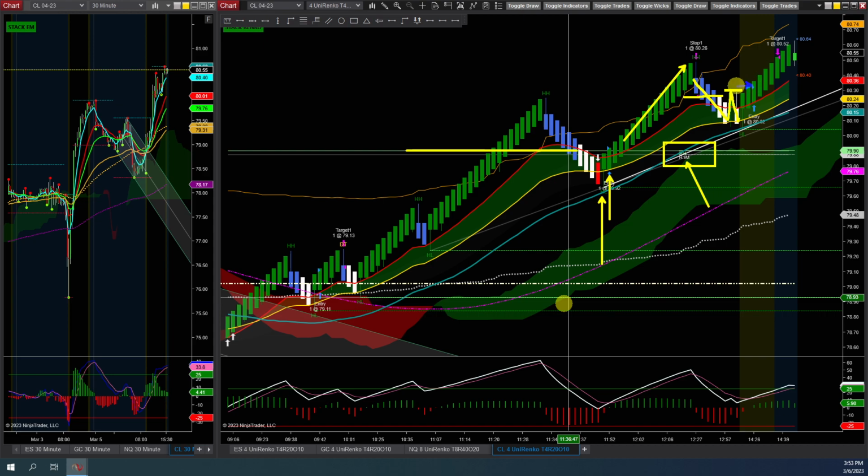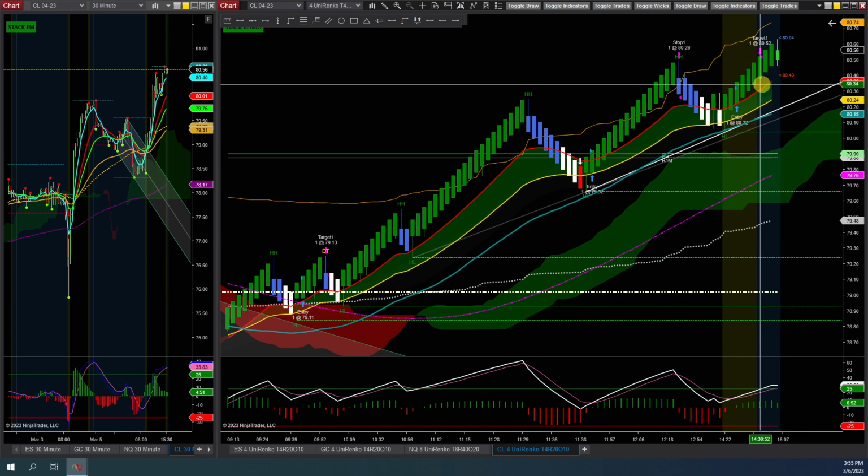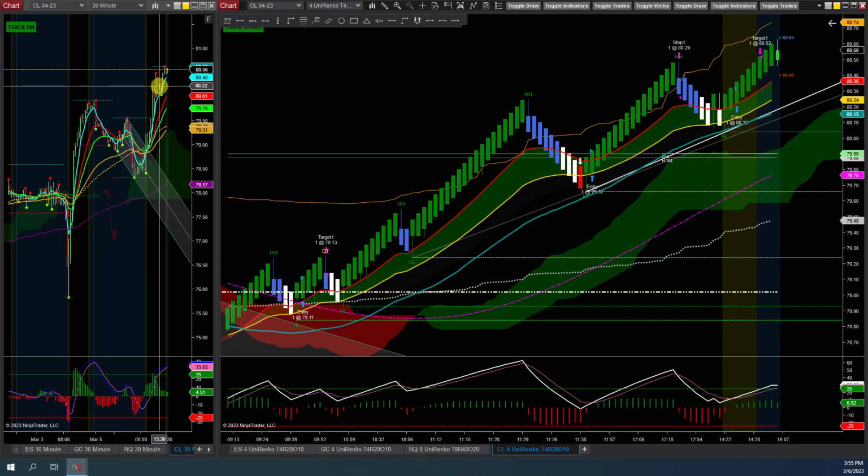So I took it right above it on that third candle, basically when the second one closed, and that one gave me another $200. So it seems that crude is still moving nicely to the upside.